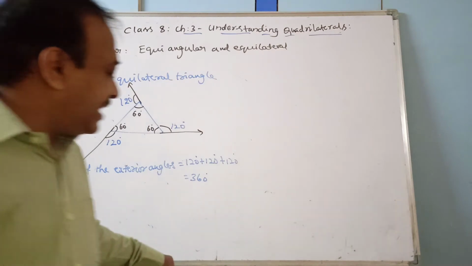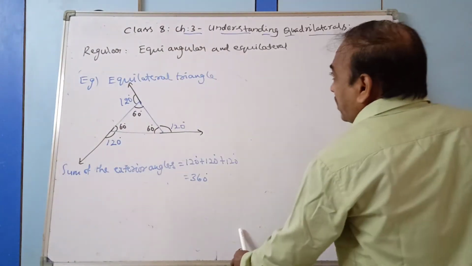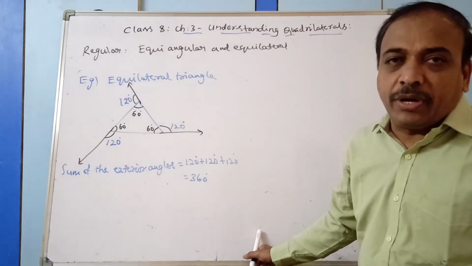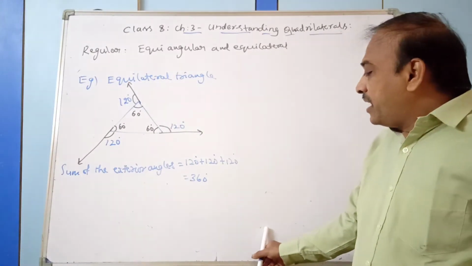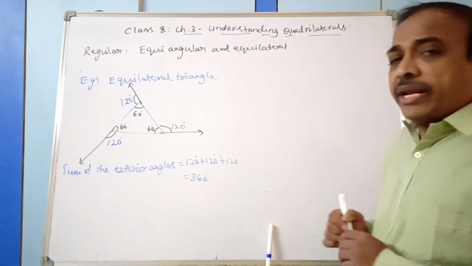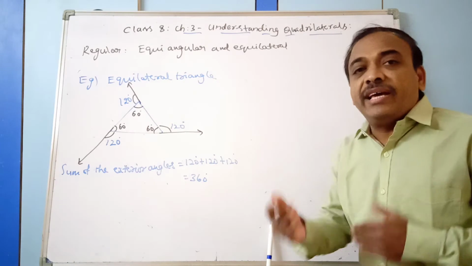Now we see another example. Equiangular and equilateral: an equilateral triangle is a regular polygon of three sides. For a regular polygon of four sides we have a specific name.